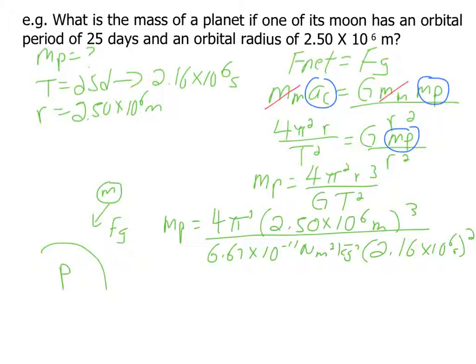Don't forget to square the period. And then we put everything into the calculator. Please be careful when you're calculating, because you're dividing by two numbers in scientific notation and you're squaring one of them. So please be really, really careful how you put it into your calculator. And our final answer is 1.98 times 10 to the 18, and the only unit that gets left is kilograms.